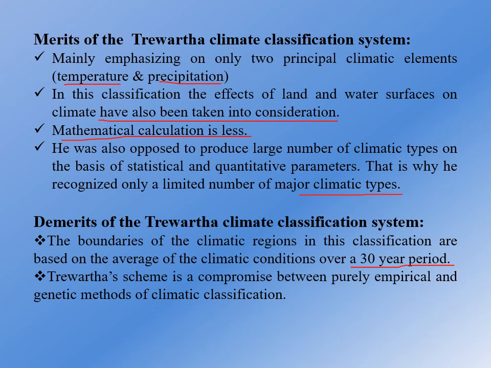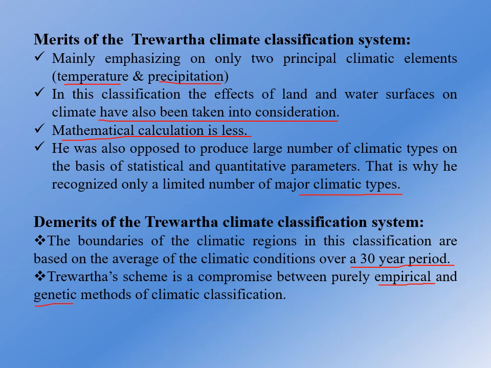Secondly, Trewartha's scheme is basically a compromise between the empirical and genetic approach. So it is neither purely an empirical method of climatic classification, nor purely a genetic method, but instead it becomes a mixture or a compromise between these two types of climatic classification.